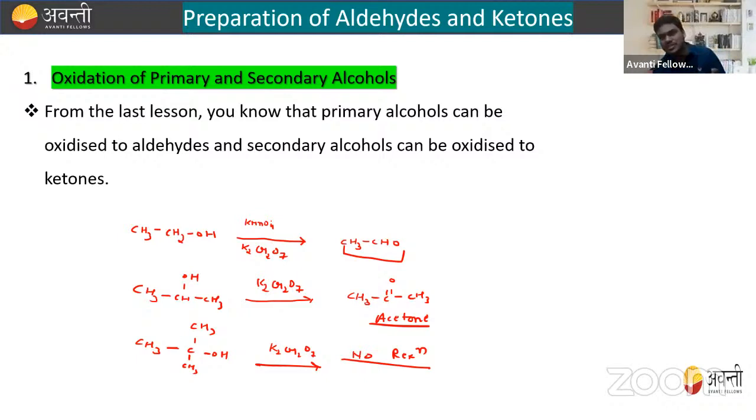Oxidation is either the addition of oxygen or the removal of hydrogen. In both cases, removal of hydrogen takes place, but this carbon does not contain any hydrogen, so the removal won't take place. Due to this reason, tertiary alcohol does not undergo oxidation, whereas primary undergoes oxidation to give aldehyde and secondary undergoes oxidation to give acetone, right? I hope this is clear to you.